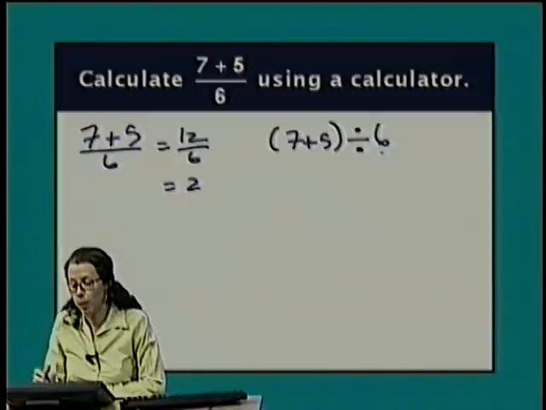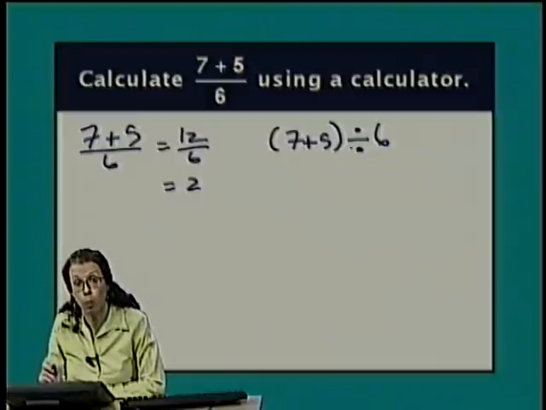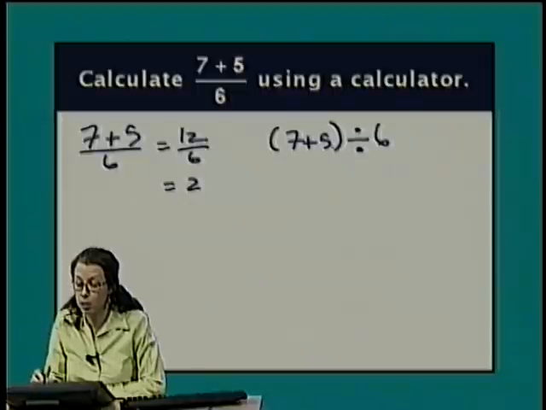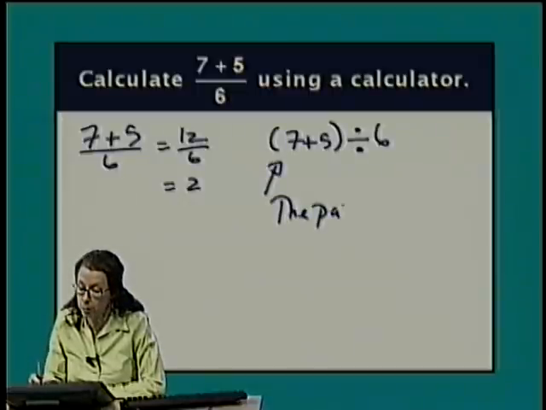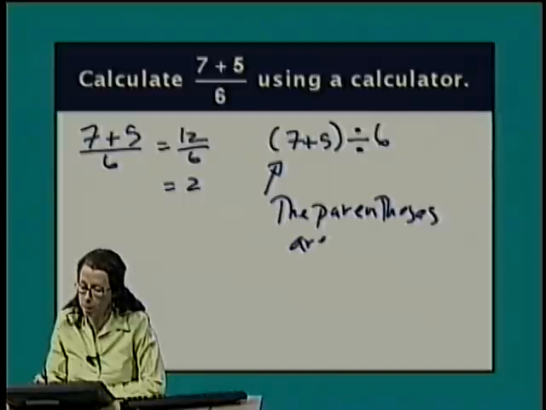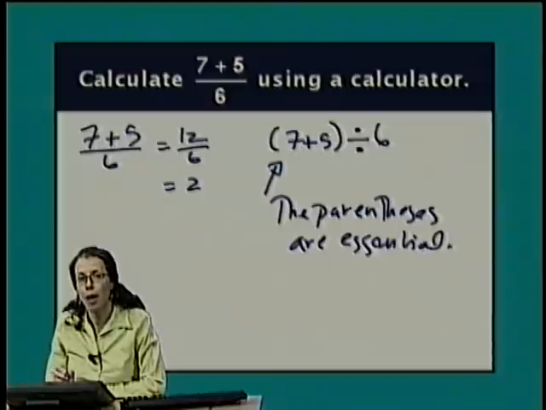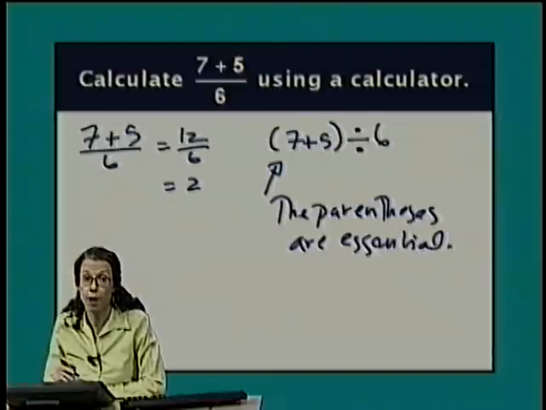In this situation, we have addition and division. Without these grouping symbols, the division would be done before the addition, which is not what we intended. So in this situation, the parentheses are essential. So I often use, in problems with fraction bars, parentheses, whether or not they're essential.